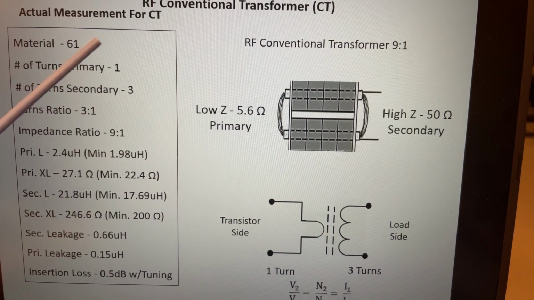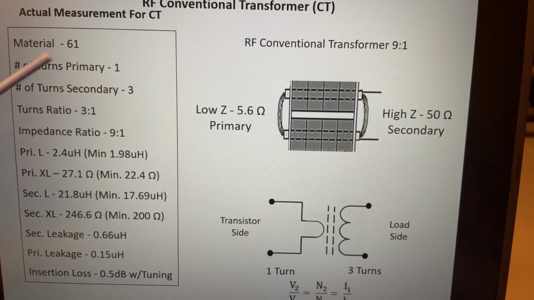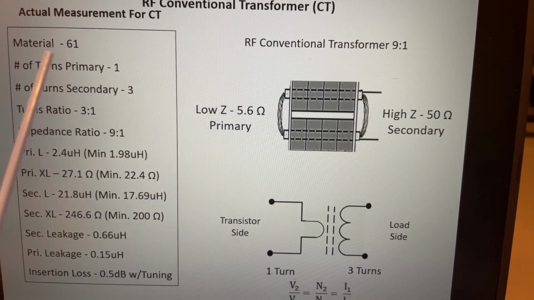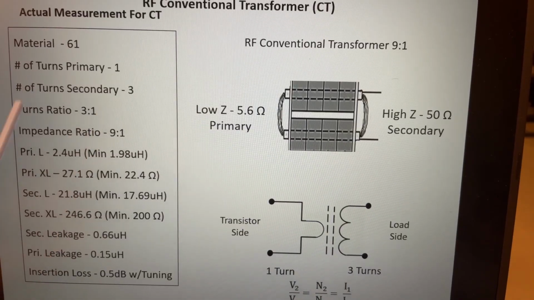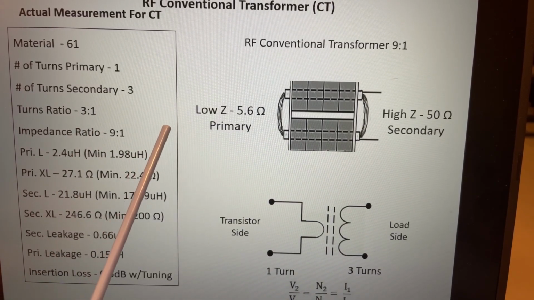It has a low permeability, which means it will not saturate at low levels of current; it takes a much higher amount of current than material 43 or 28. We calculated what our impedance ratio should be, and then we take the square root of the impedance ratio, and that gives us the turns ratio. So we had 1 turn in the primary, 3 in the secondary, giving a 3-to-1 turns ratio and a 9-to-1 impedance ratio.